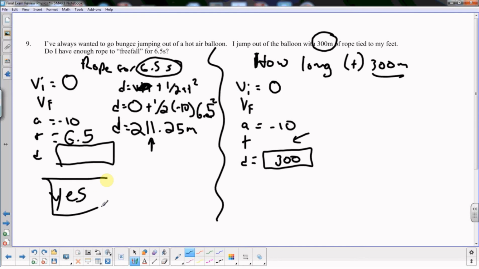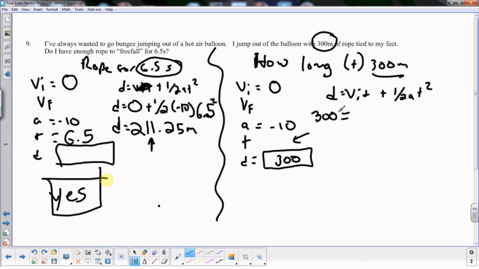Coming over to do it the other way. Let's see, Vi, a, and d, and I'm looking for time. So I can probably do that thing again. d equals ViT plus 1/2 at squared. I'm not so concerned about the quadratic this time because I know my distance is 300.